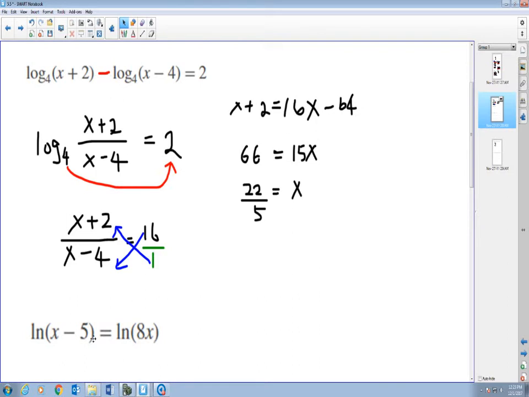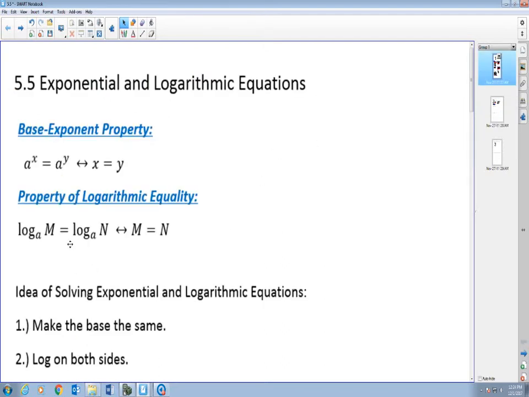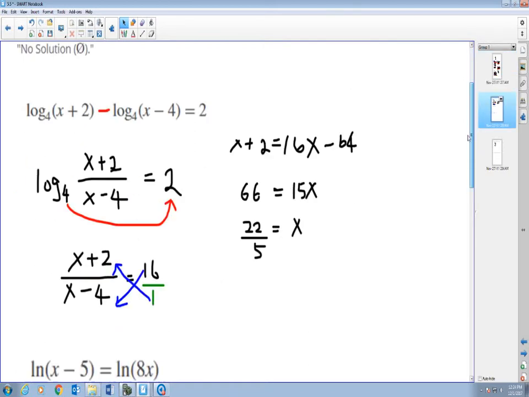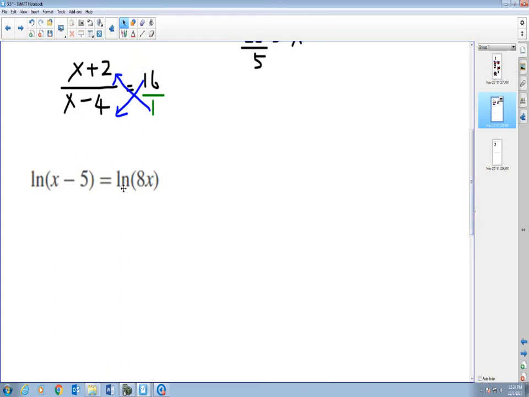If all the terms contain natural log or log, then we can use the property of logarithmic equality: when the logs are the same and equal, we can set what they are of equal to each other. So that gives me x minus 5 is equal to x.